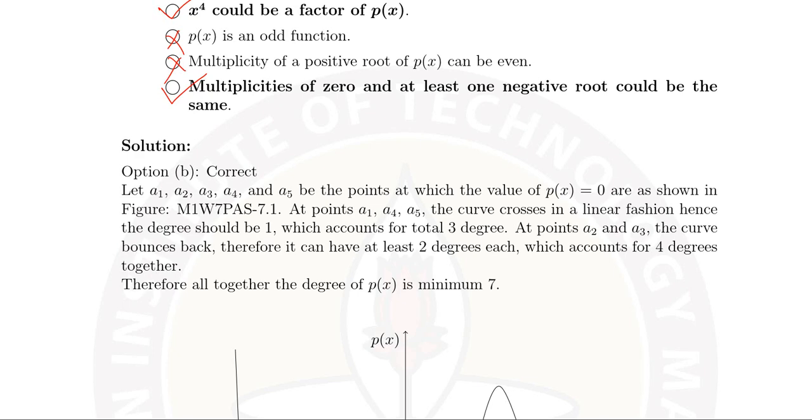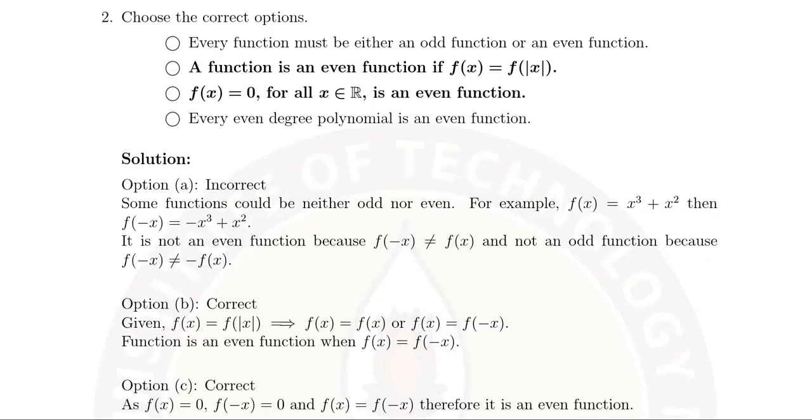Let's go to the next set of questions. The next question is, choose the correct option from the given set of options. The first statement is every function must be either an odd function or an even function. This is not right, because there are certain functions which are neither an even function nor an odd function.